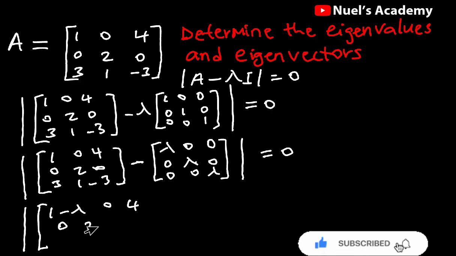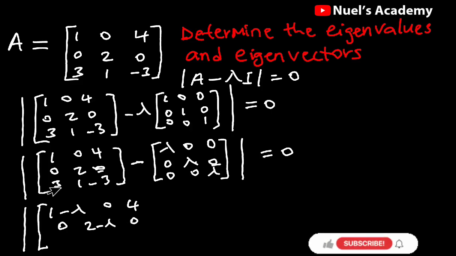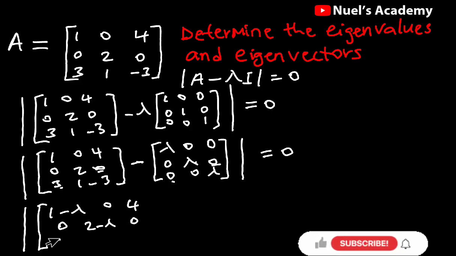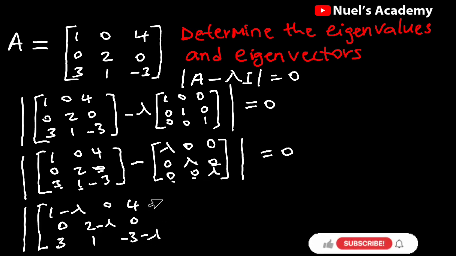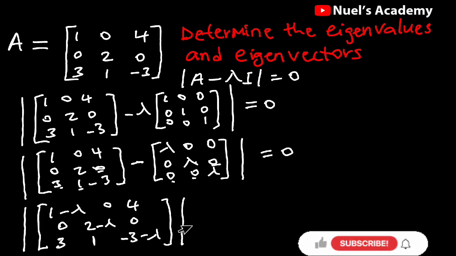We have 2 minus lambda here. And then 0 minus 0 is equal to 0. Then 3 minus 0 is equal to 3. 1 minus 0 is equal to 1. Then minus 3 minus lambda. Then this is equal to 0.